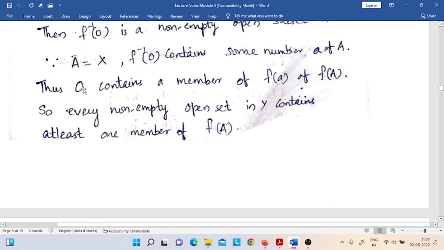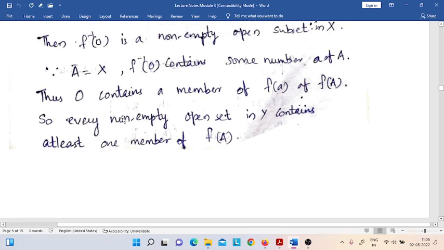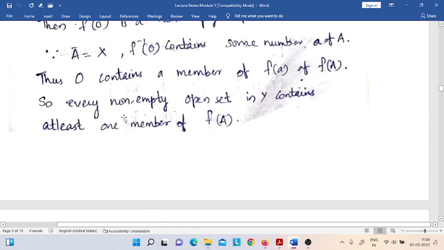O is the non-empty open subset of Y that we chose in the beginning, and it contains the element F of a. Therefore we can say that F of capital A is a countable dense subset of the second space Y.